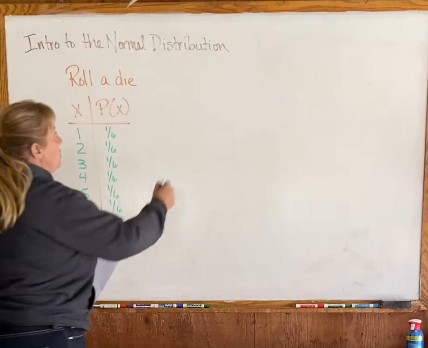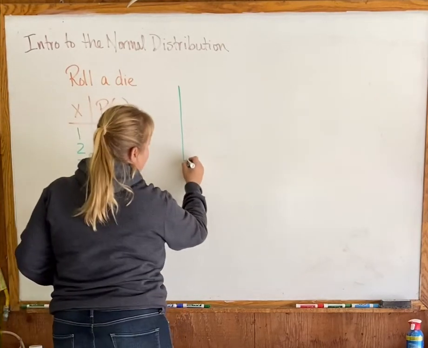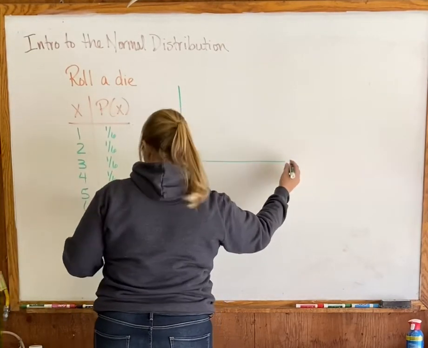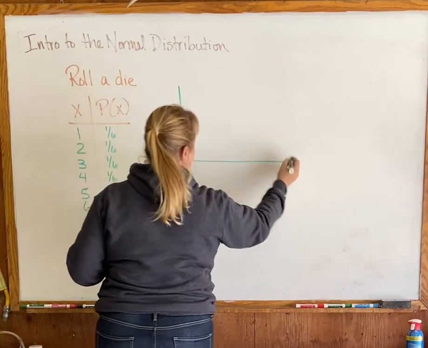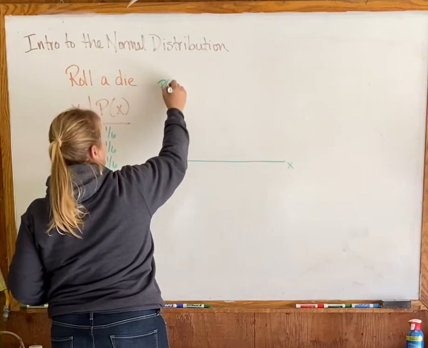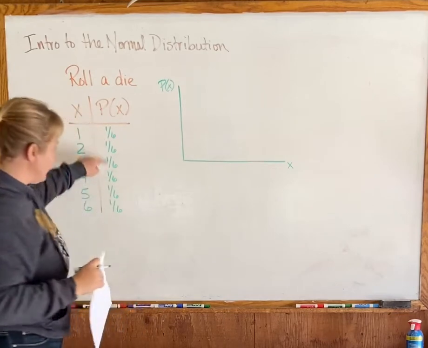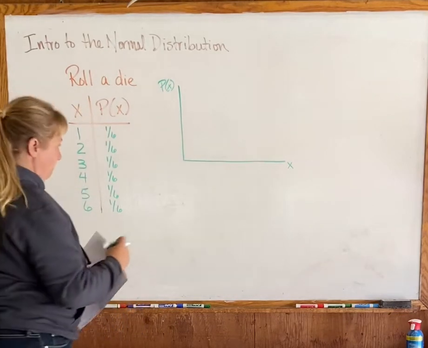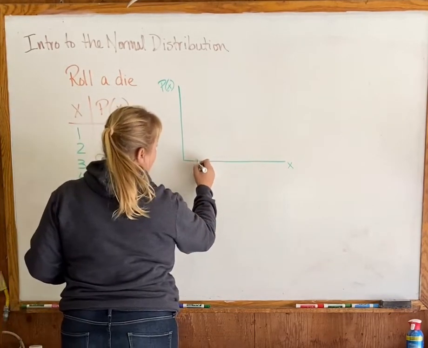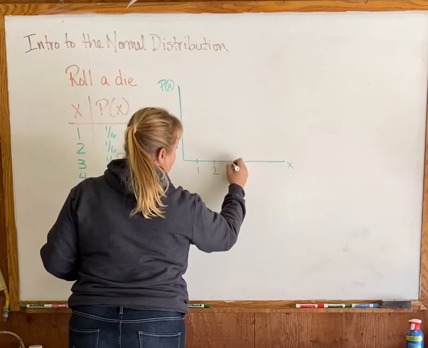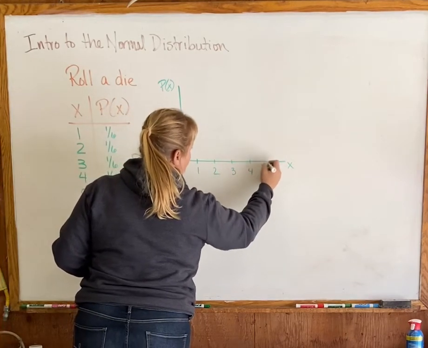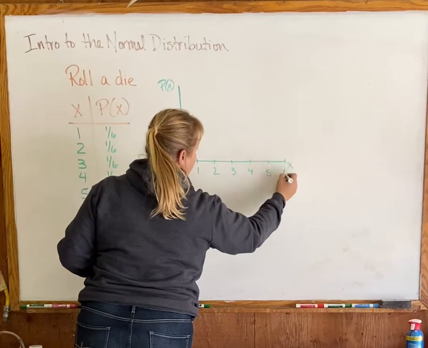Now I want to draw you a probability histogram. A probability histogram is just going to show the different x values and their different probabilities, except in this case they all have the same probability of 1/6. Down here we'll put our different x's, our different outcomes: 3, 4, 5, 6.